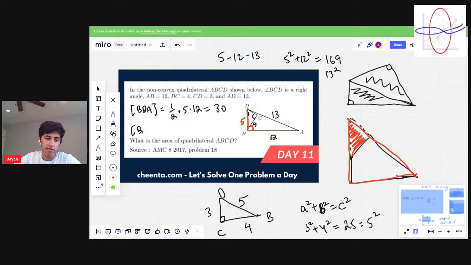So what is the area of BCD? It would be 1/2 times 3 times 4, which is 6. So our desired area, the area of the quadrilateral, would be the difference between the two triangles: 30 minus 6, which is 24. And 24 would be our final answer. So we'd circle it and move on.